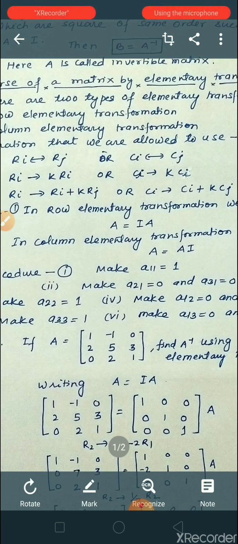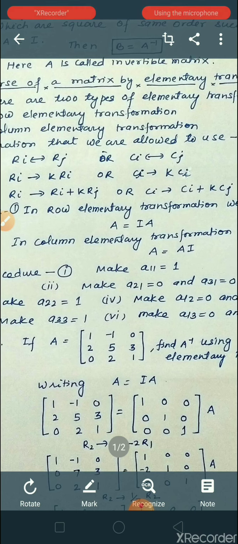When you use row elementary transformation, we make operations only in rows, and when we use column elementary transformation, we use only column operations. Both cannot be used simultaneously. One of them can be used, and it will be noted that while we are performing row elementary transformation, we have to use row operations, and while we are performing column operations, we have to use column operations.